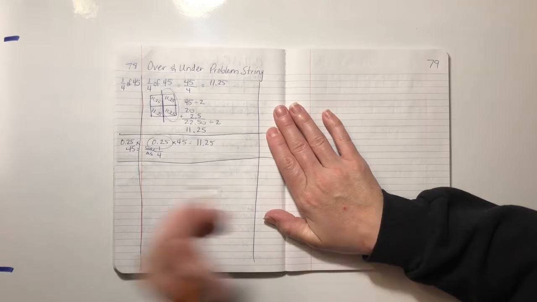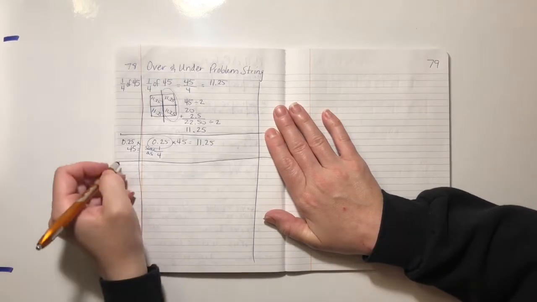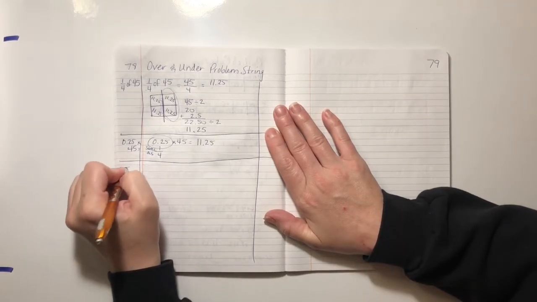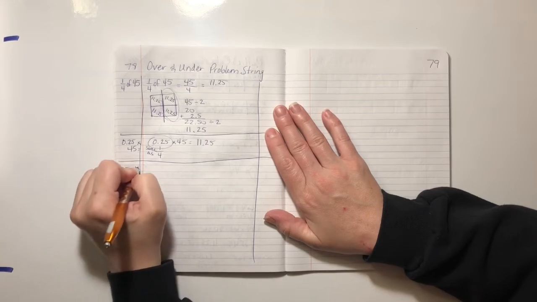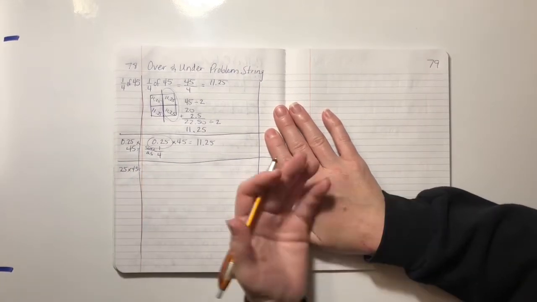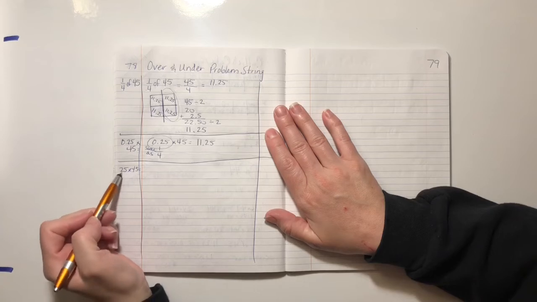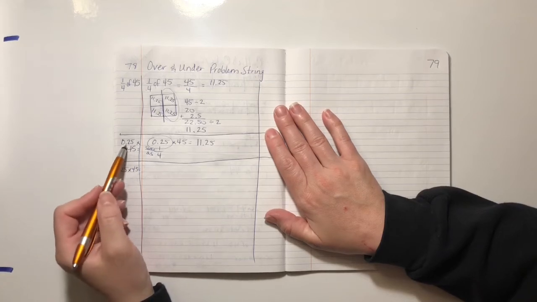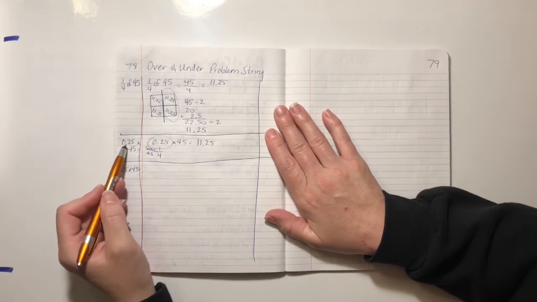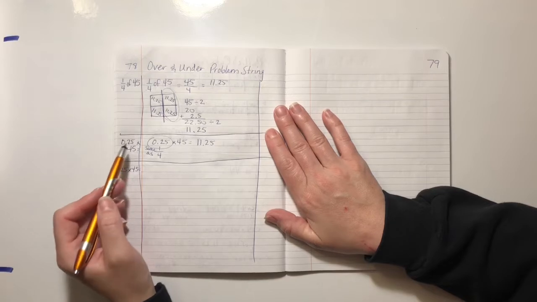If I keep going and I do a problem such as 25 times 45, we've been learning that when we multiply here, this is the same problem, but this one is 2 decimal places to the left.